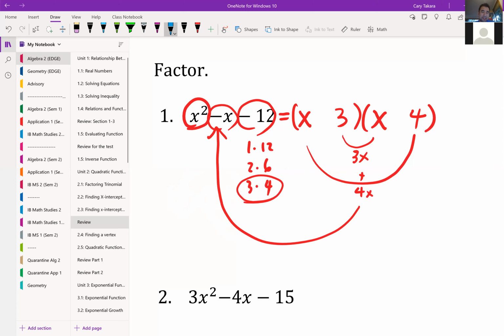Well, if this 4x is negative, 3x is positive, doesn't that give you negative 1x, right? So here it is. 4 has to be negative. 3 has to be positive. Okay? So that's the routine, and you need to have in your mind the steps that you have to follow to complete the factoring process.